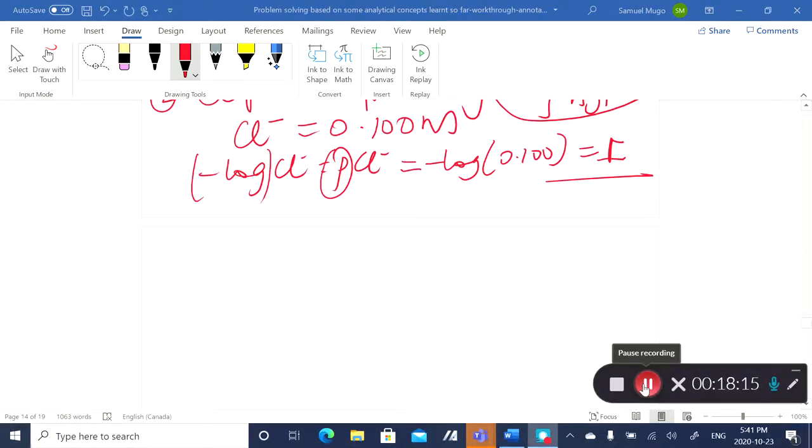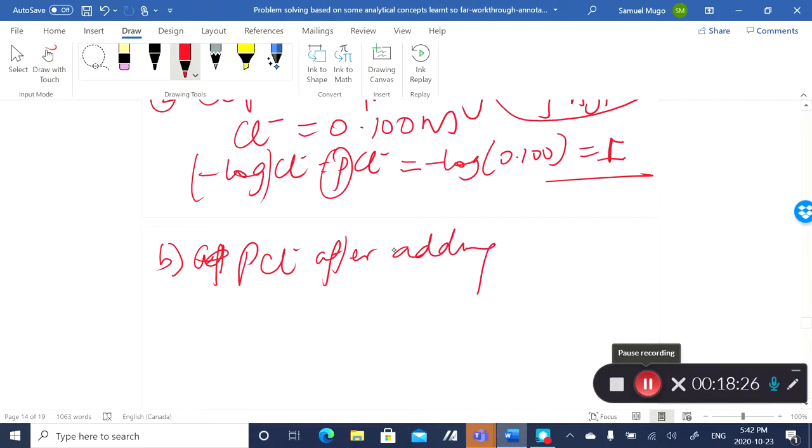So the next question is what would be the pCl after adding 10.0 ml of your titrant.